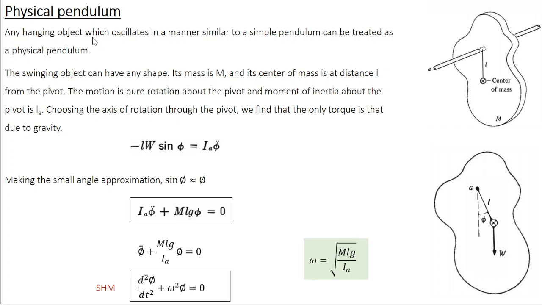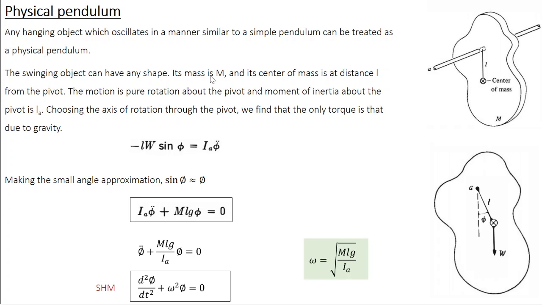So any hanging object which oscillates in a manner similar to a simple pendulum can be treated as a physical pendulum. So using the fundamental understanding of pure rotation, we can analyze the motion of a physical pendulum now. Now, one thing, the swinging object can have any shape, because in the equation of motion, shape doesn't feature.